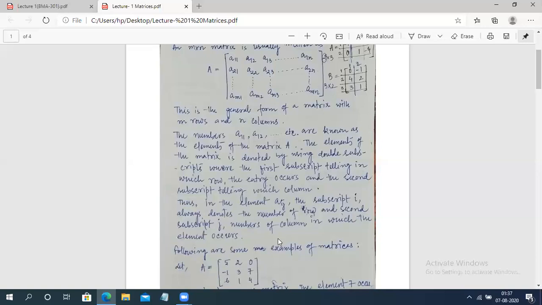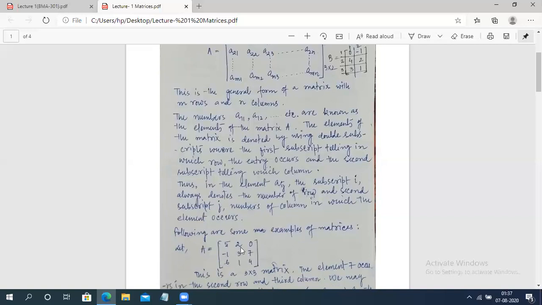For example, say this A is a matrix whose elements are like this. These are the elements, arranged in rows and columns. What is the element A12? This is A11 because it is the first row, first column; this is 1, 2. So the element A12 is 2.